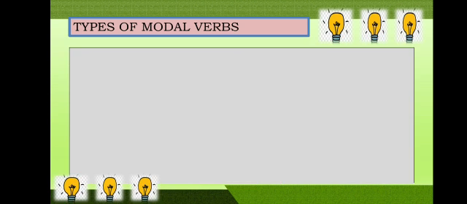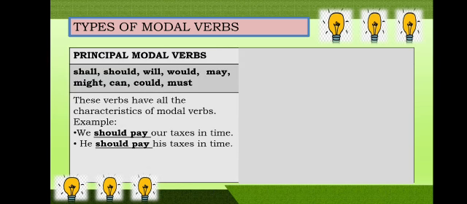On the basis of these characteristics, these verbs have been divided into two main categories. First, principal modal verbs. This category consists of shall, should, will, would, may, might, can, could, and must. These verbs have all the characteristics of modal verbs.